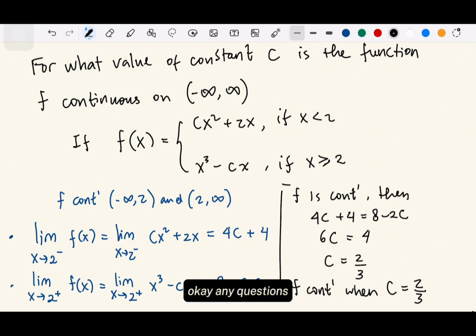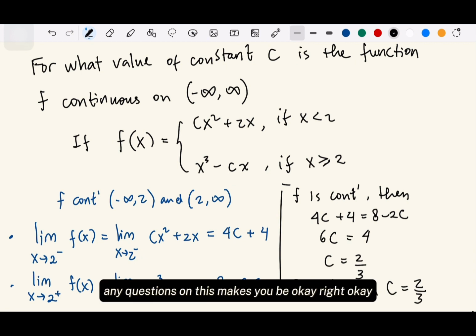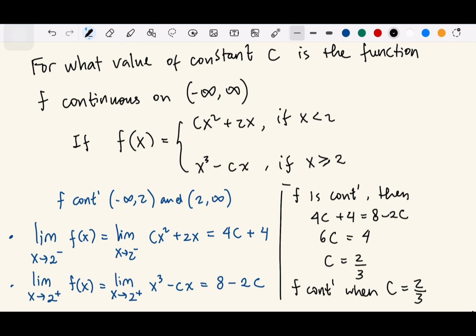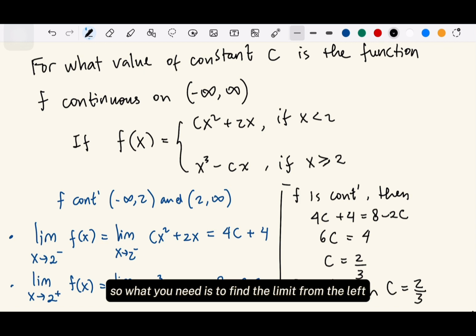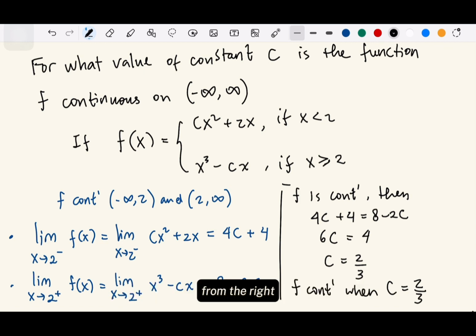Okay, any questions on this? This should be okay, right? What you need is just to find the limit from the left and from the right.